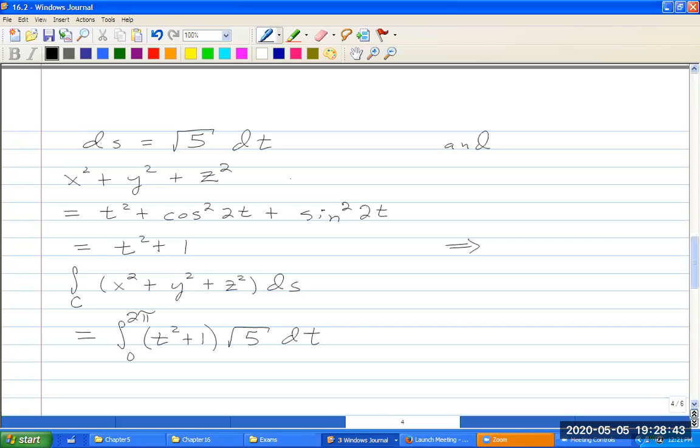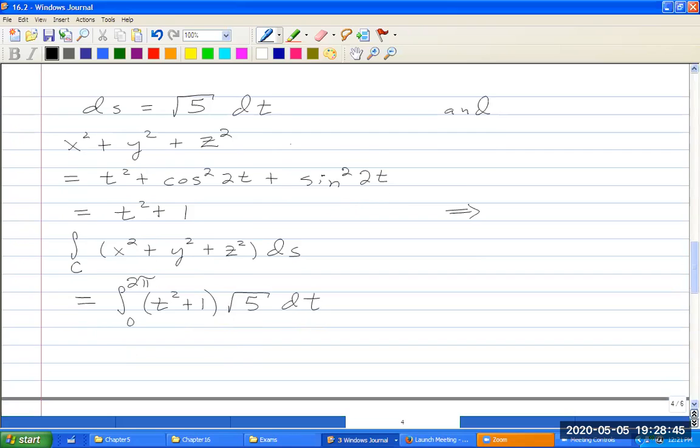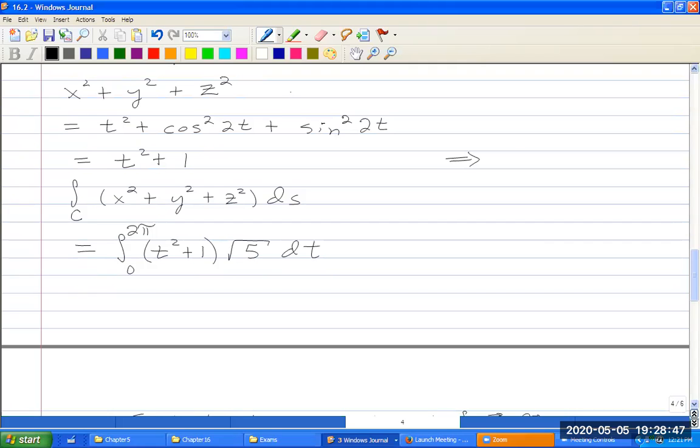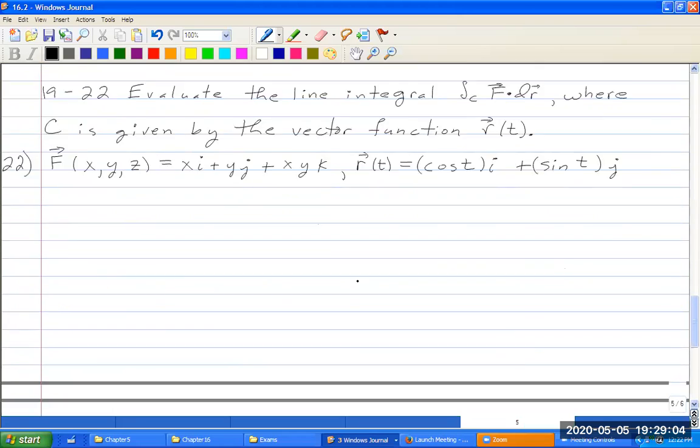So this integral is just equal to this. So let's evaluate this. So let's integrate. So this is 1/3 t cubed plus t rad 5 evaluated between 0 and 2 pi.